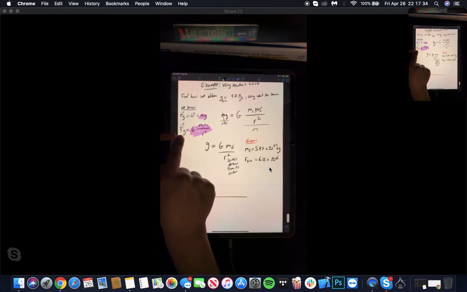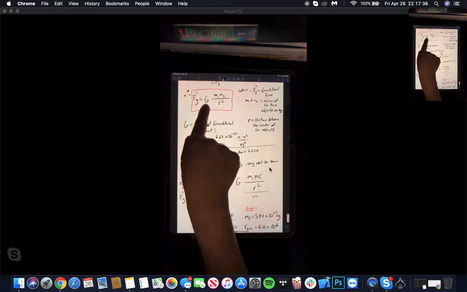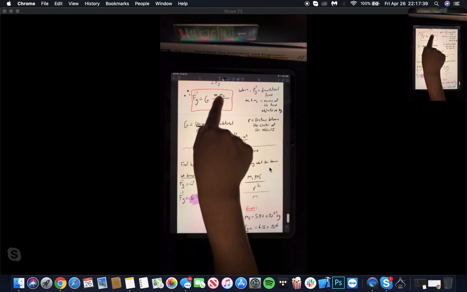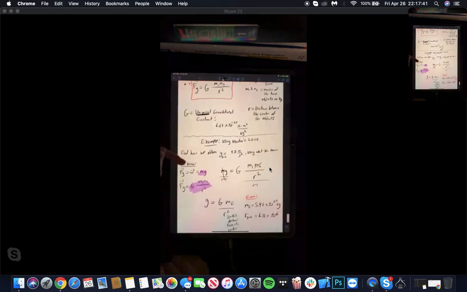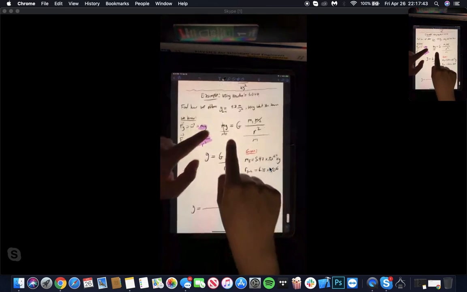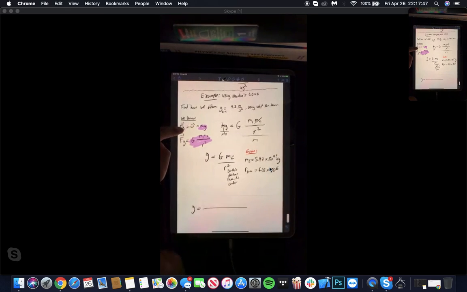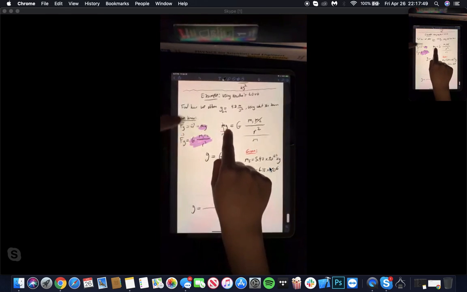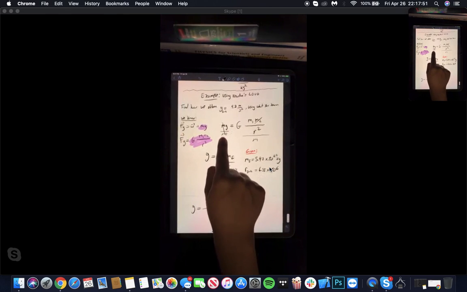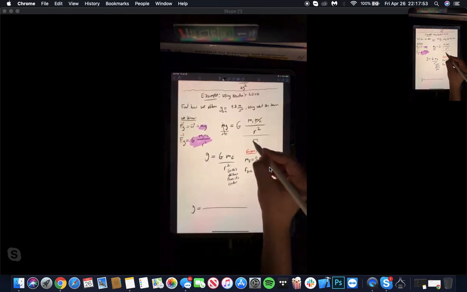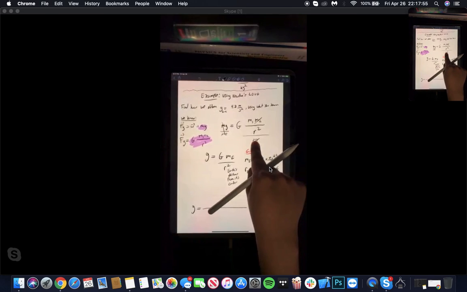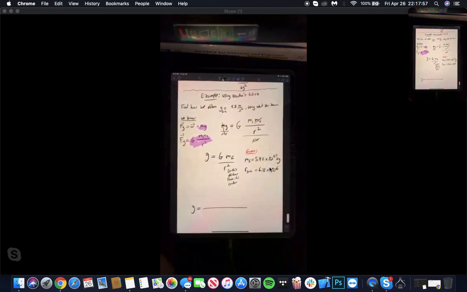And the force of gravity is big G m1 times m2 divided by r squared. Then we set them equal to each other, so mg equals G of this. To solve for g, we divided m on both sides. So this mass canceled in the denominator, and one mass canceled over there too.